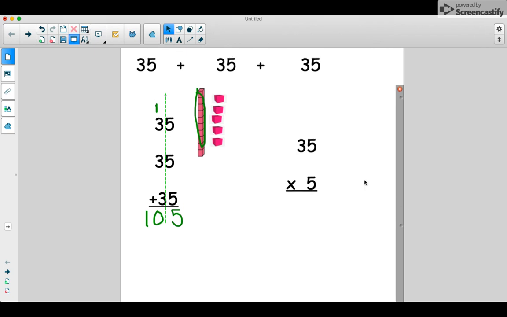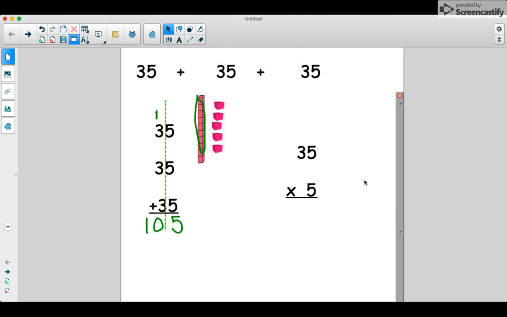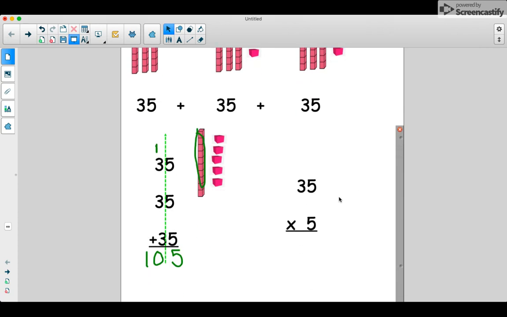It looks very similar when we do the multiplication algorithm. So when we're doing 35 times 3, just like our visual before, we're starting with first our 1s column. So we're going to say, how much is 3 groups of 5? So we did that before. We said 3 groups of 5 was 15.